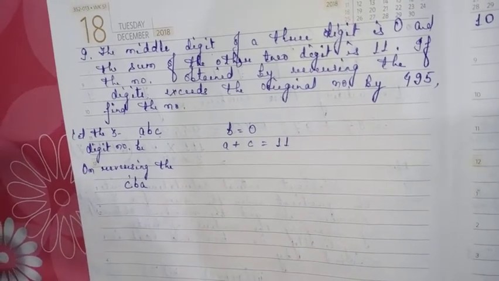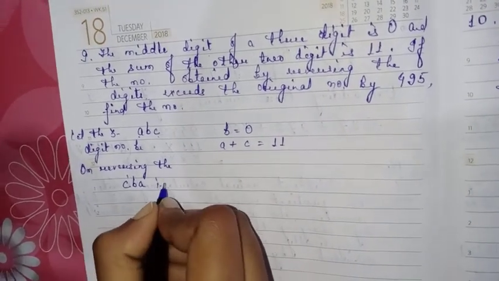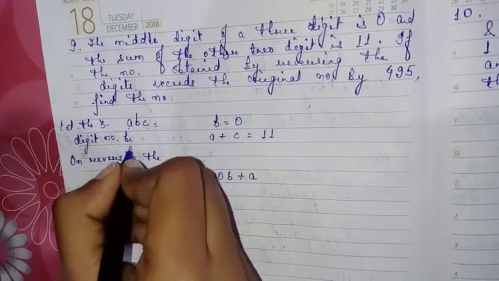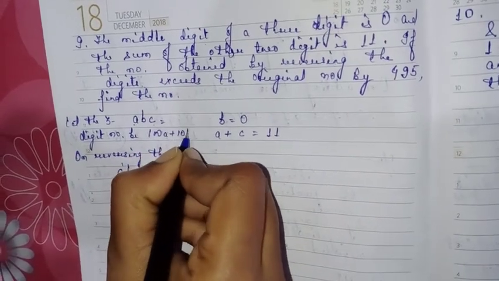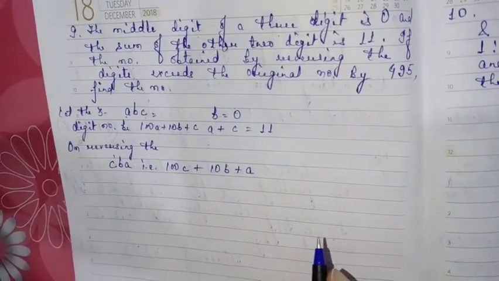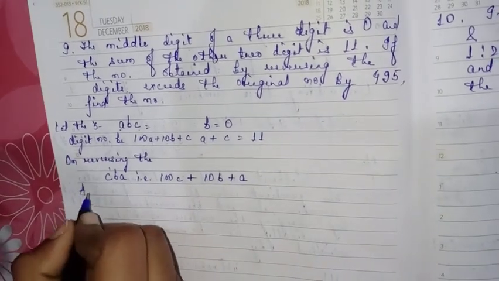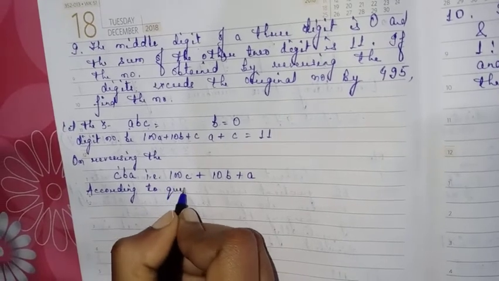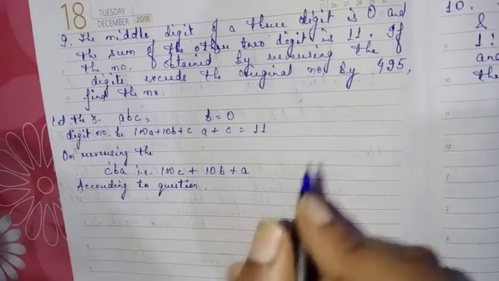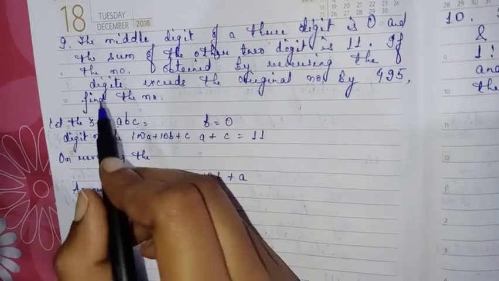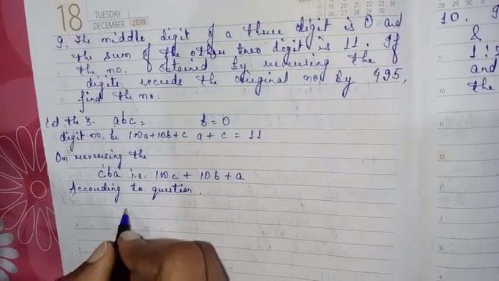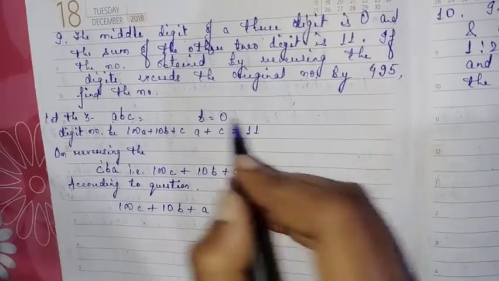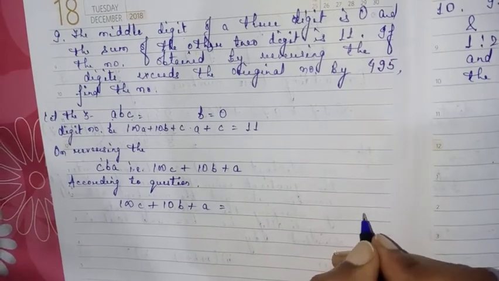So if you reverse this one, you will get CBA, that is 100C plus 10B plus A, and here 100A plus 10B plus C. Now according to the question, the number obtained by reversing the digits, 100C plus 10B plus A, exceeds the original number by 495.